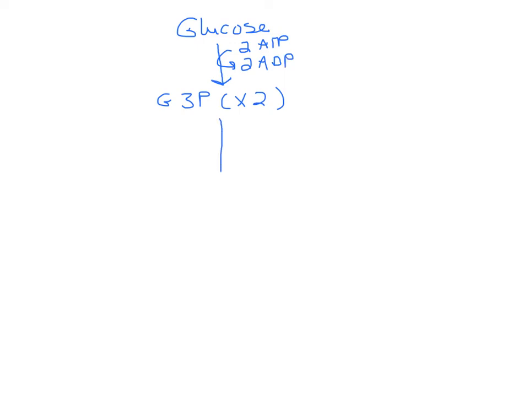Now, here's the energy yielding part of the EMP pathway, and I'm not going to draw out individual steps. Just recall that we end up with pyruvate. And you have 2 steps there where you get an ATP.